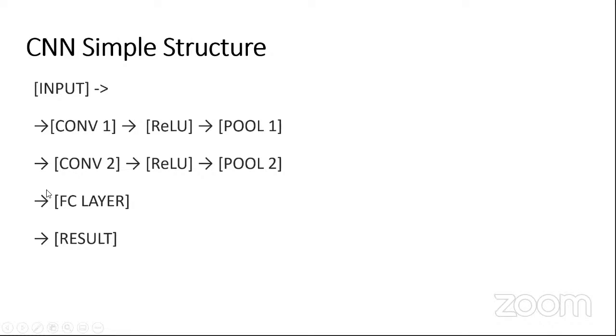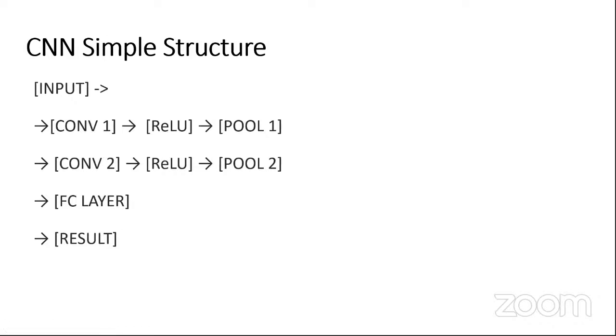So the simple CNN structure will be like this: with the convolution layer, a ReLU will be formed. This output will be given as the input for the pooling layer.